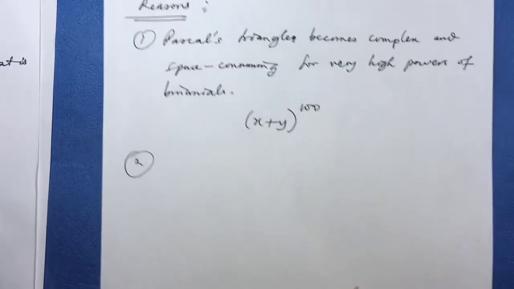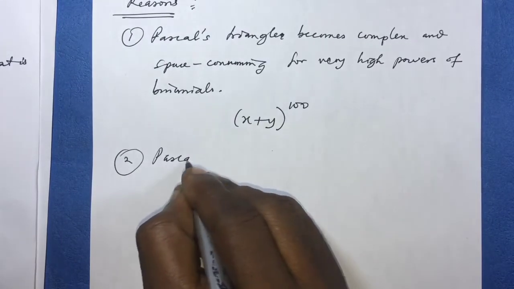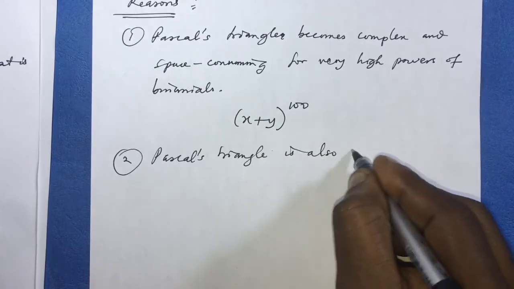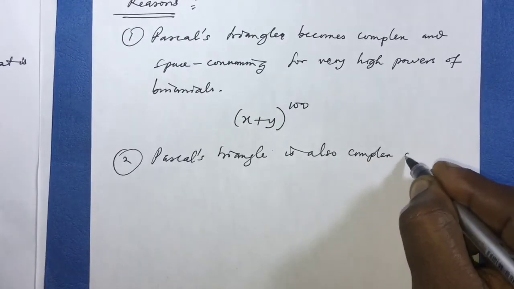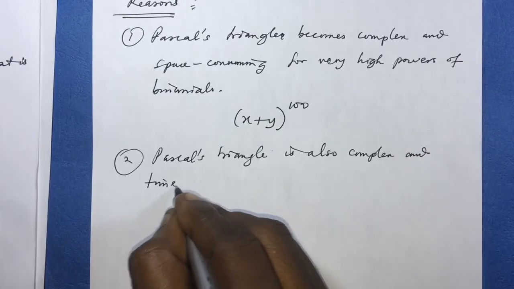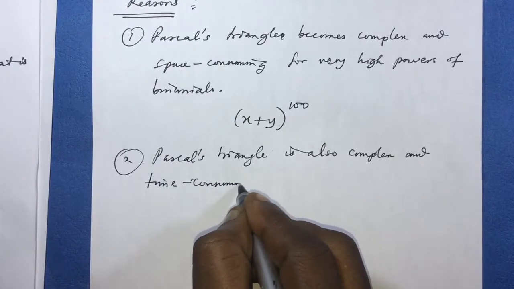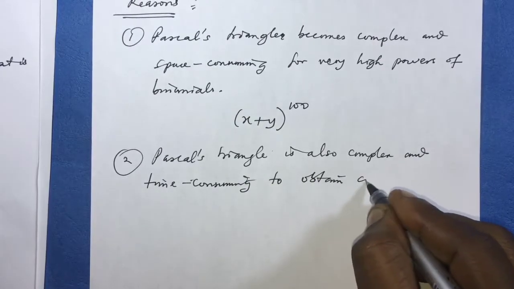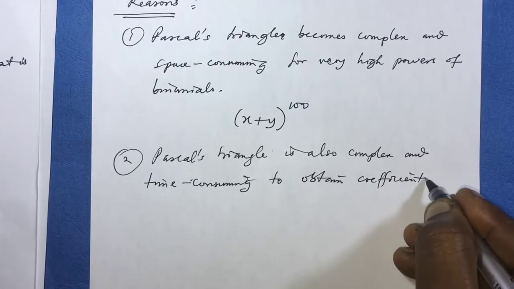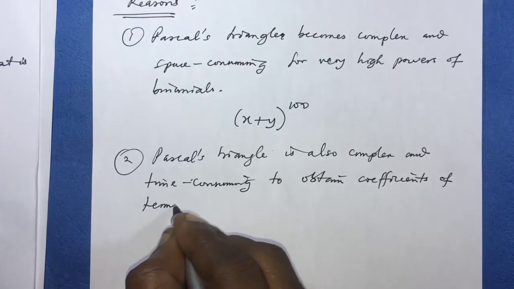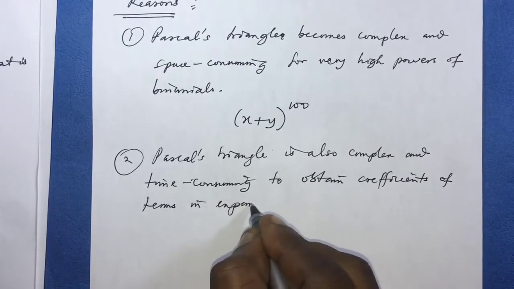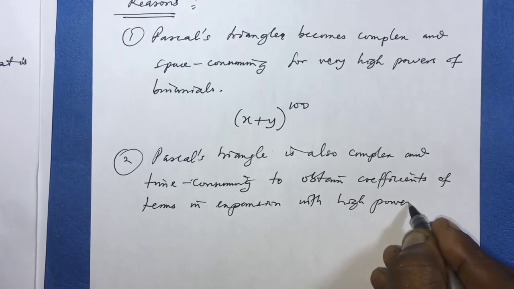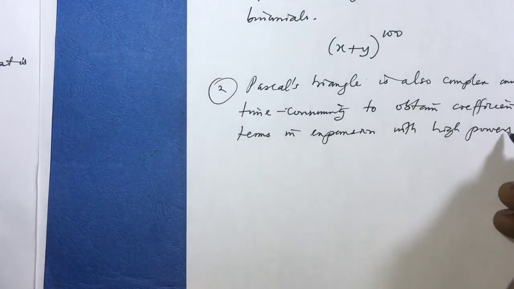Number two, Pascal's triangle is also complex and time consuming to obtain coefficients of terms in an expansion with high power.